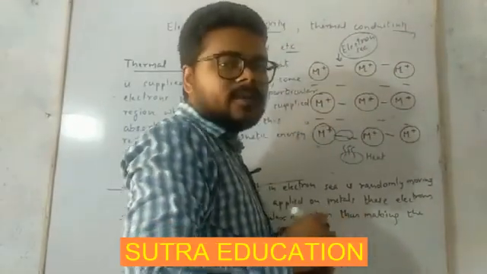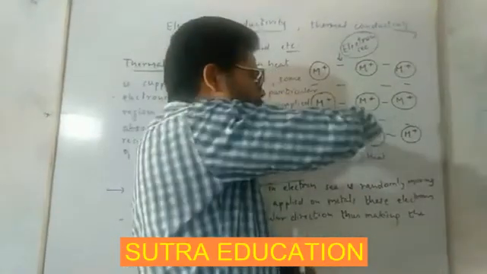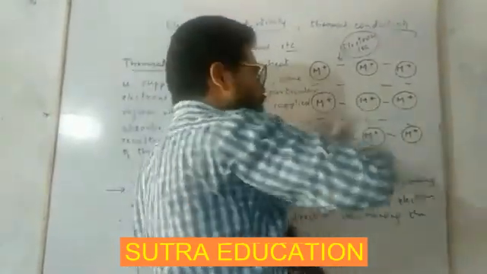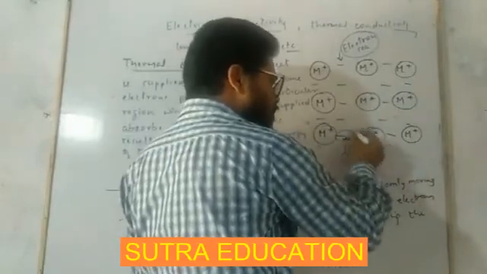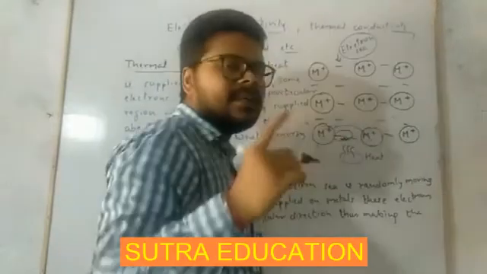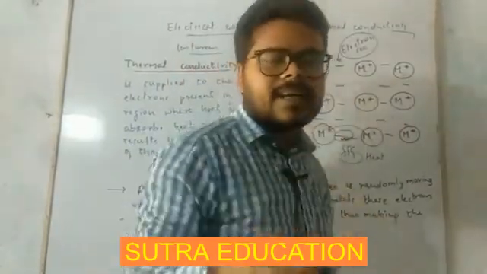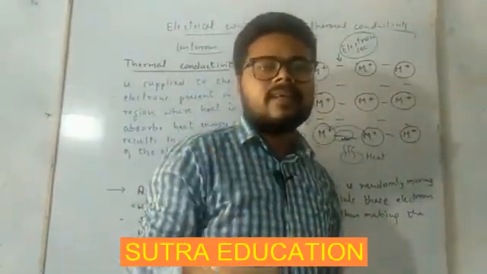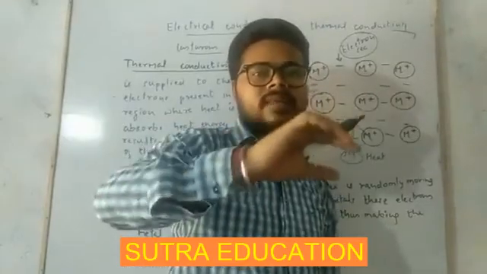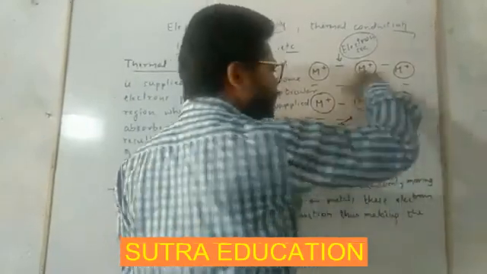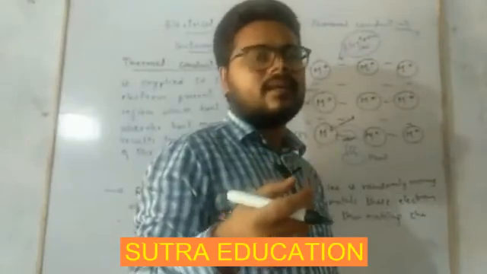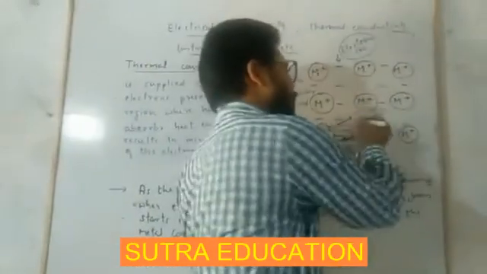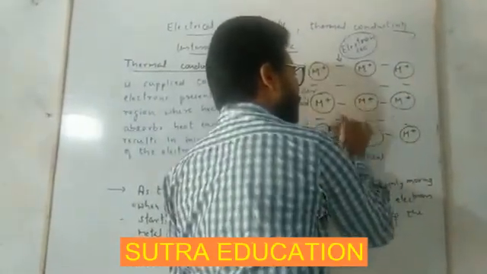Heat is a form of energy, so the kinetic energy of the electrons present in this region will increase. So as the kinetic energy increases, the motion of the electrons will be faster, so they will collide with other electrons. So what will happen when this collides with this electron?